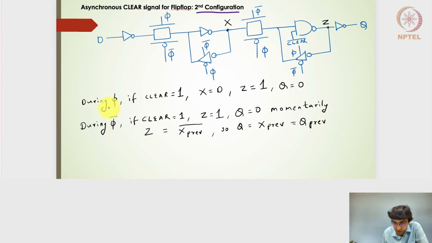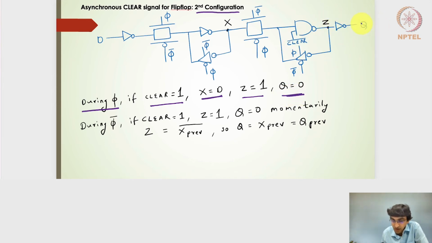During the high level of the clock, if clear is pressed, based on the D signal, this X will be D, whatever is the D value, this X will achieve D, that's what I have written here. But Z is 1 here, because clear is pressed and then clear bar will be 0 and Z will be 1, and then Q will be 0.